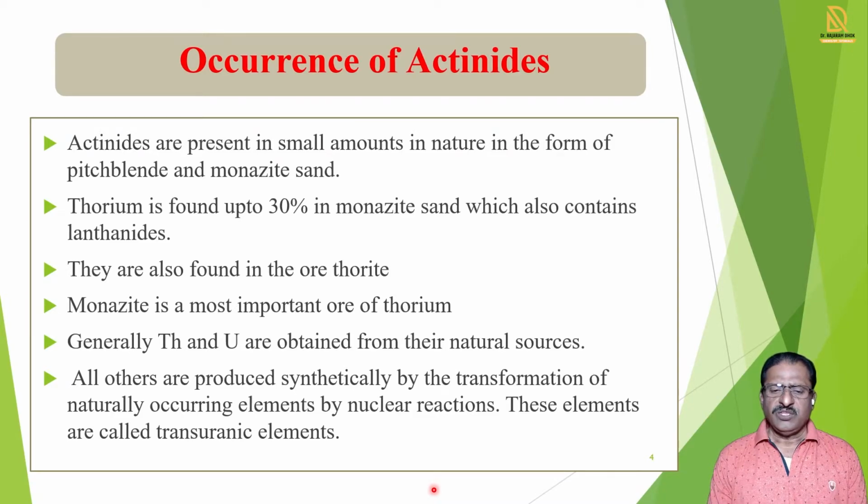The elements above uranium are called transuranic elements, and they are prepared by nuclear reactions. So in this topic, mainly we see the different nuclear reactions; only thorium and uranium are present in the earth crust, and the other elements are synthetic elements.